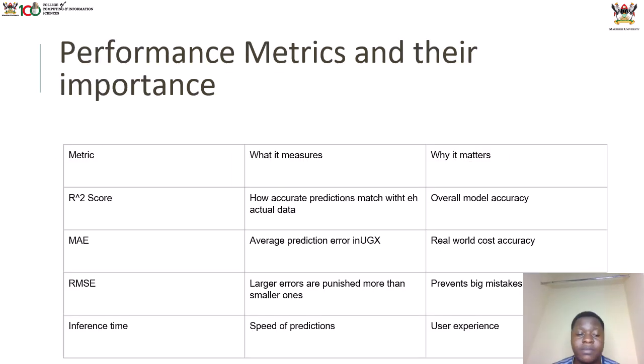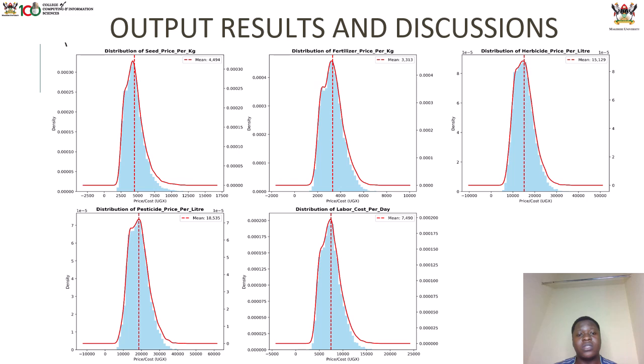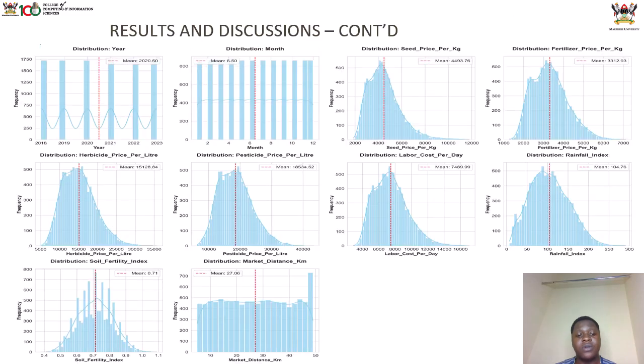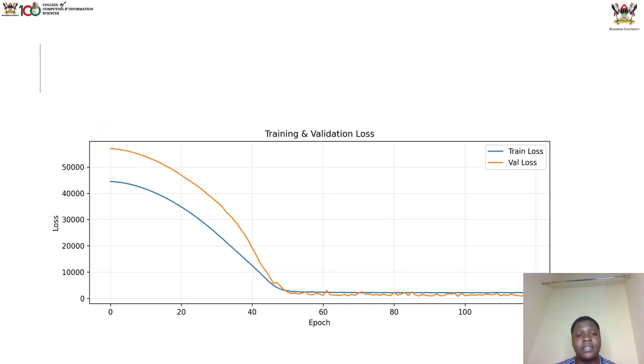So these are the performance metrics, as we all know: R squared score, MAE, RMSE, and then inference time. This contributes to choosing your model. The better the metrics, that's the model you will consider. So these are the outputs of the exploratory data analysis.